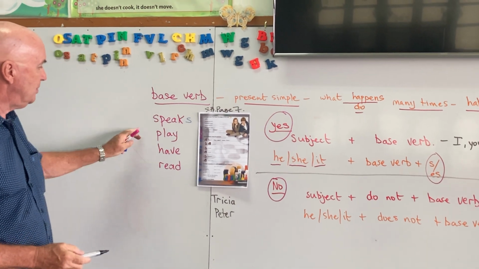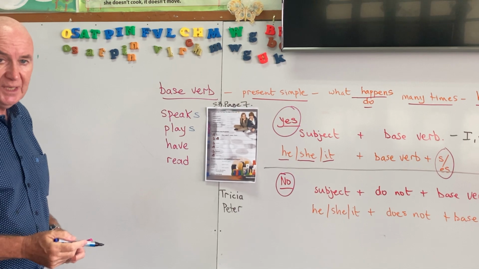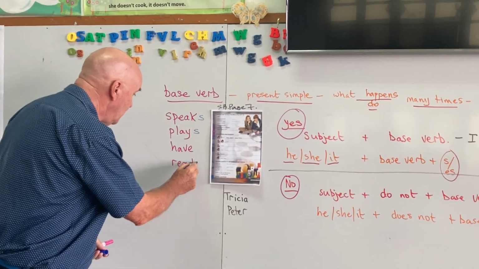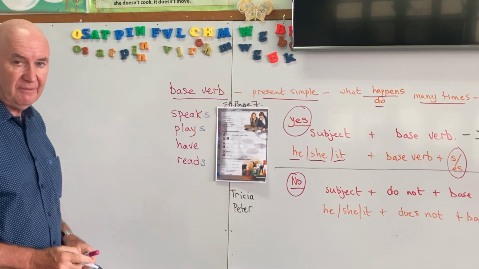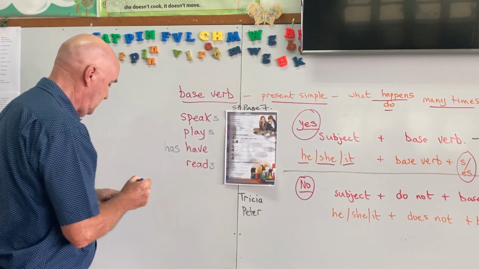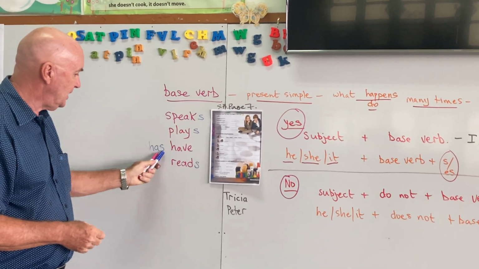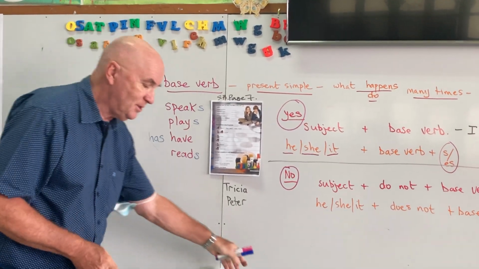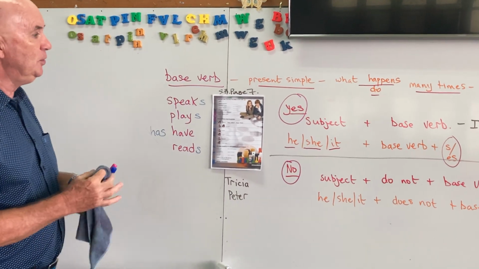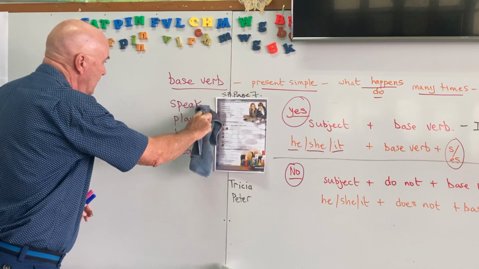I play, but she plays. I read, but he reads. And have is a difficult one because we change have to has, only if the subject is he or she or it. If the subject is I, you, we or they, then we just use the base verb.